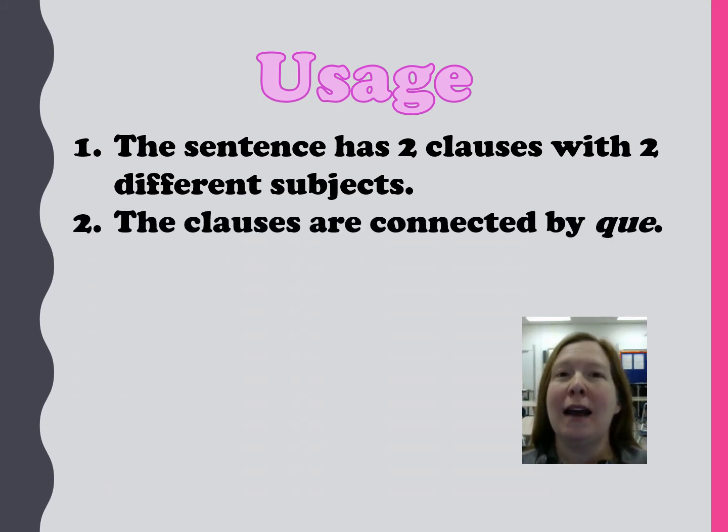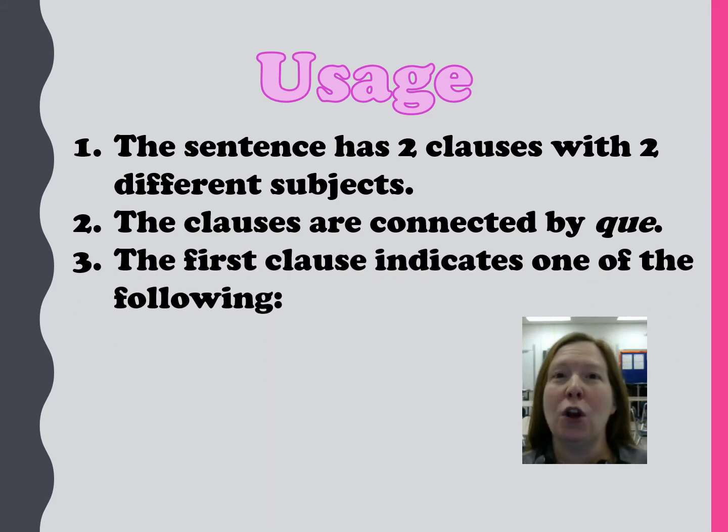The clauses have to be connected by que. And again, this is followed by those impersonal expressions because you have il est important que, il est essentiel que, il est douteux que. That's why all of those sentences have que. So you have to have two clauses, they have to have different subjects, and the clauses are connected by que.